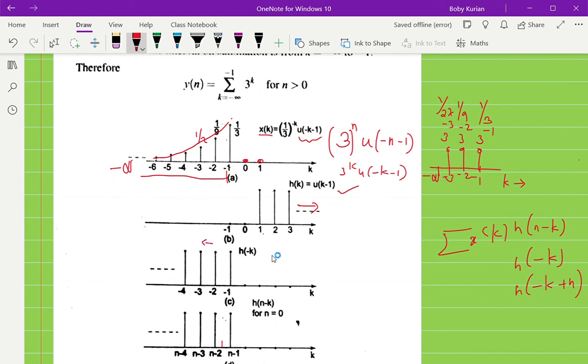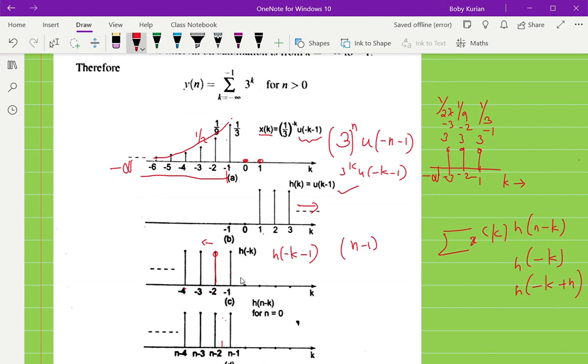If the value of n is minus 1, then h of minus k minus 1 shifts by one value. Once shifted by one value, we know that it will end at minus 2. Okay, end at minus 2. So here n equal to minus 1, so this ends at minus 2. So this signal ends at n minus 1.